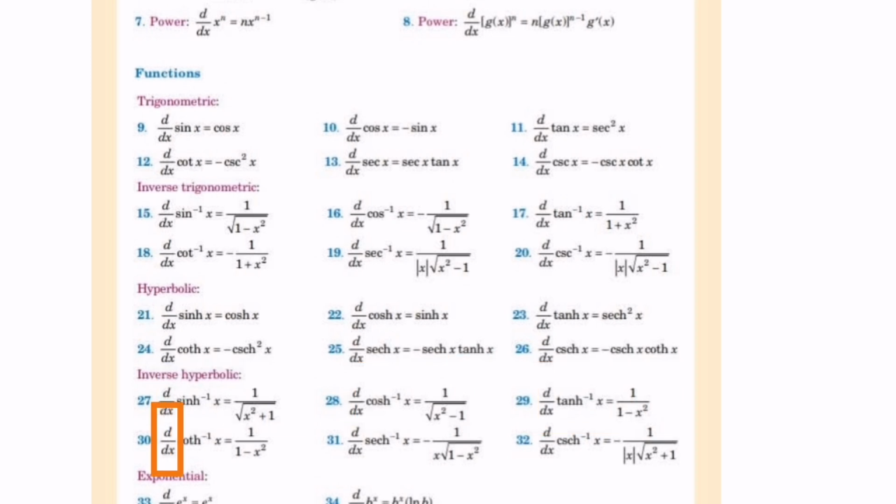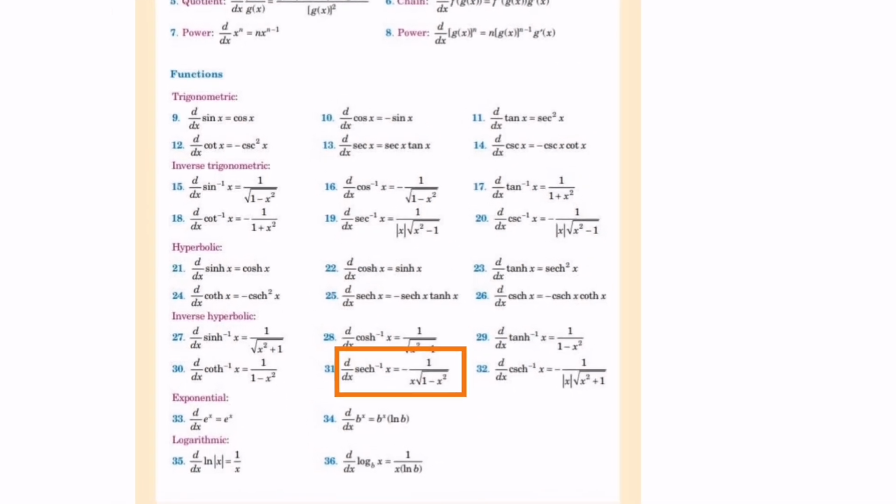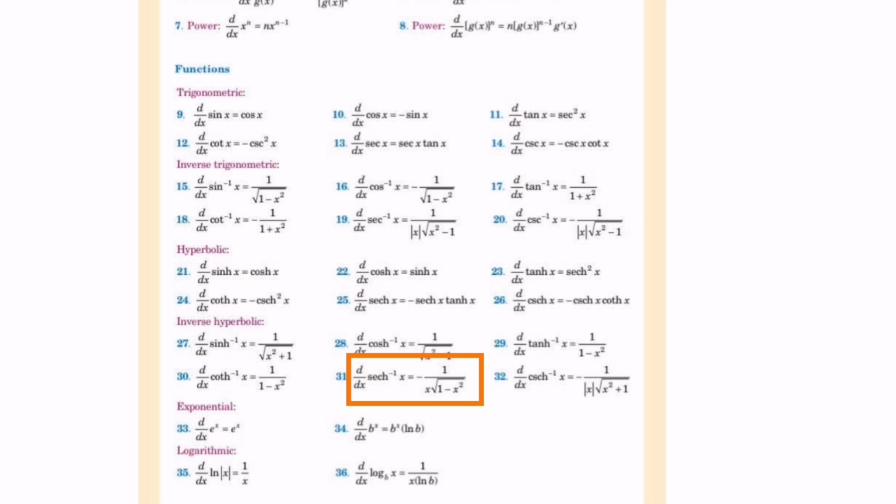Similarly, derivative of cotangent hyperbolic inverse x is equal to 1 over 1 minus x square. Derivative of secant hyperbolic inverse x is equal to 1 over x times square root 1 minus x square. Derivative of cosecant hyperbolic inverse x is equal to minus 1 over x times square root x square plus 1.